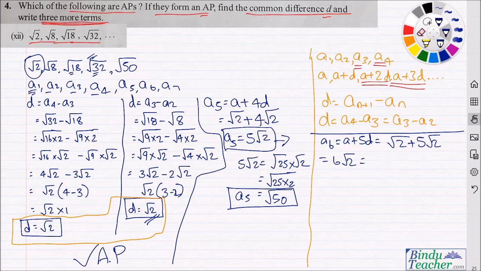Now 6 can also be written as square root of 36 into root of 2, which equals root of 36 into 2, so 36 multiplied by 2 we get 72. So the value of a6 is square root of 72.